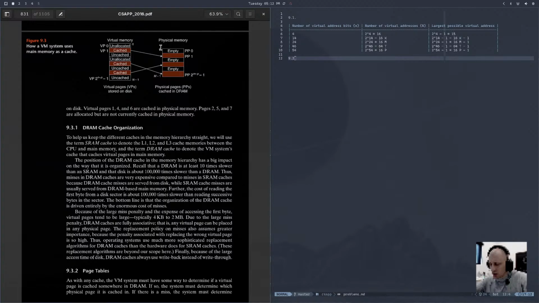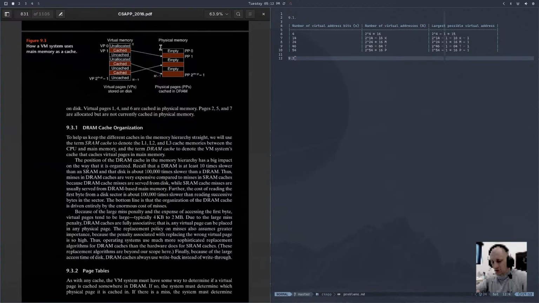The position of the DRAM cache in the memory hierarchy has a big impact on the way that it is organized. Recall that a DRAM is at least 10 times slower than SRAM, and that disk is about 100,000 times slower than DRAM. Thus, misses in DRAM caches are very expensive compared to misses in SRAM caches, because DRAM cache misses are served from disk, while SRAM cache misses are usually served from DRAM-based main memory.